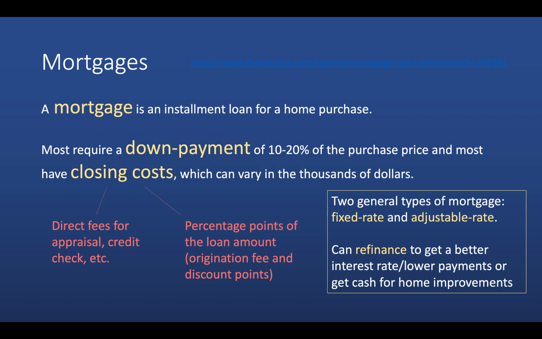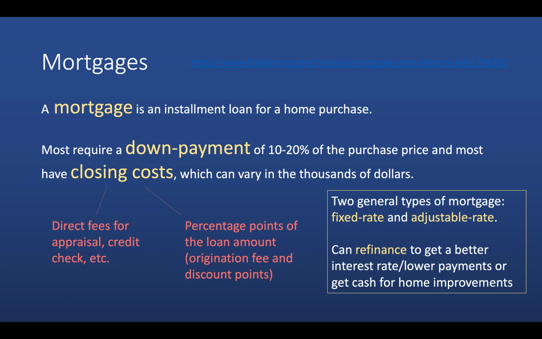Okay. Now, the last specific type of loan that I want to cover is called a mortgage, which is an installment loan, but specifically for a home purchase. And I want to cover this because there's some additional language around this type of loan that is important to know. First, most mortgages, not all, but most, require a down payment.